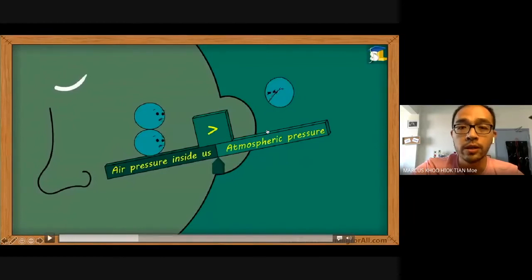Okay, so just now, if you remember the situation, when you lower the atmospheric pressure, we find that the air pressure inside becomes higher than the atmospheric pressure outside. So what happens?